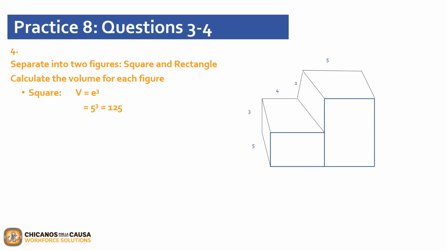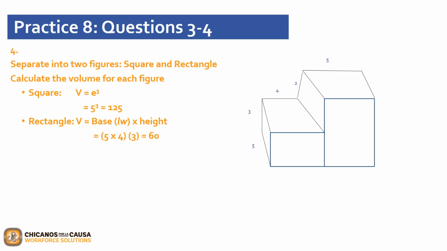So we're going to take the formula to find the volume of a rectangle, which is the base, the length times its width, times the height. So let's go ahead and replace the variables with the values given.